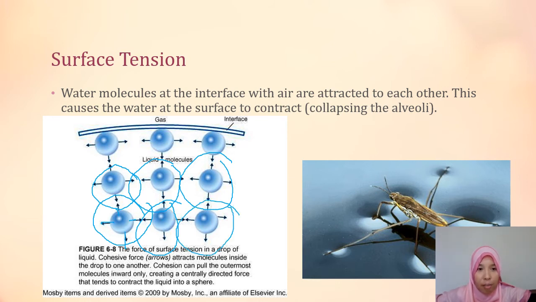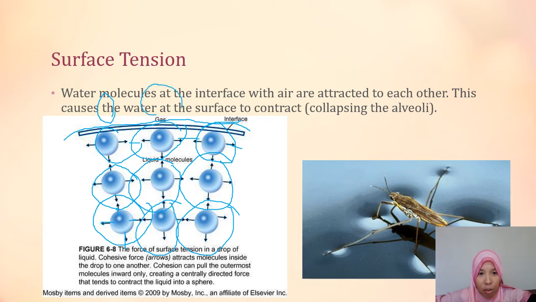As for the water molecules at the surface, for example, this is the surface, right? You have water molecules too at the surface. You have this one, this two, and this three water molecules at the surface, and you can see that the ones next to each other are pulling each other close. But there are no water molecules above here.